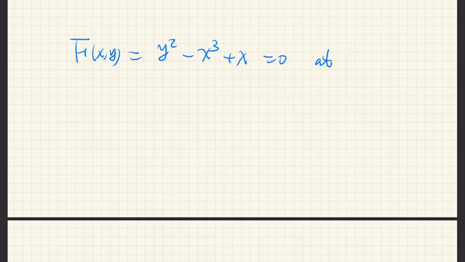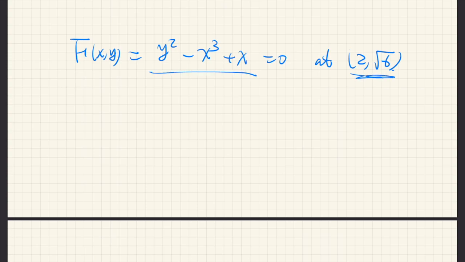Let's see a concrete example. f(x, y) is given as, say, y squared minus x cubed plus x equal to 0, and try to find the tangent line of this curve at (2, square root of 6). By the way, this point should be on this curve.